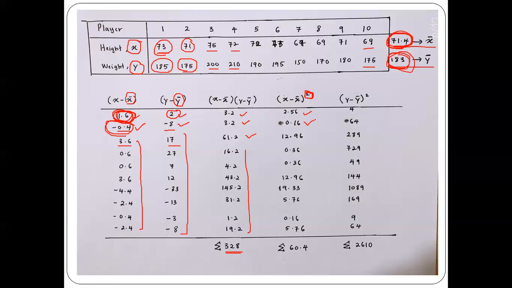You will get actually negative 0.16, but for these conditions, you are going to ignore the negative value.